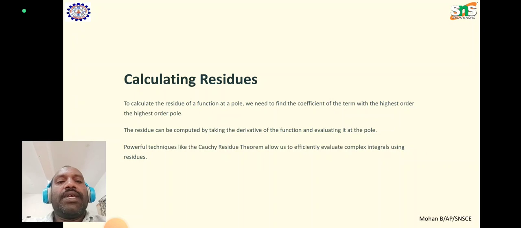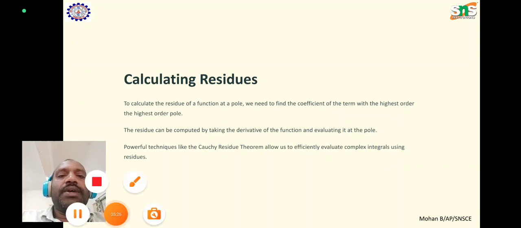If the value exists, then the integral of f(z) is 2πi times f(a). Not only that, f(a) deals with the differentiation: f'(a), f''(a), and so on. So that is the point of calculating the residues.